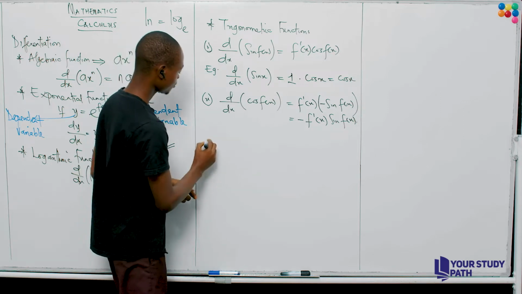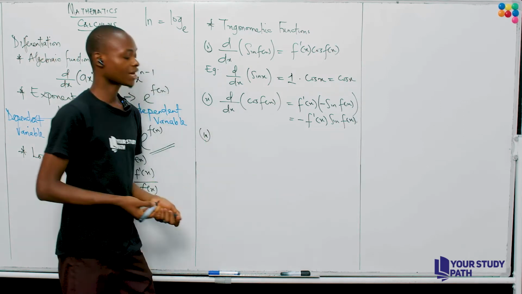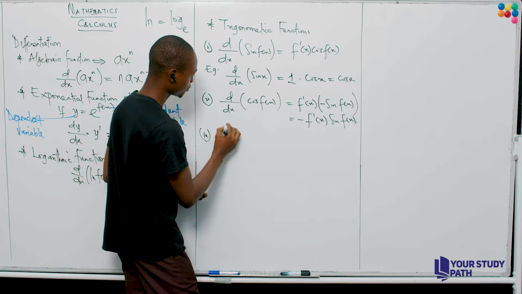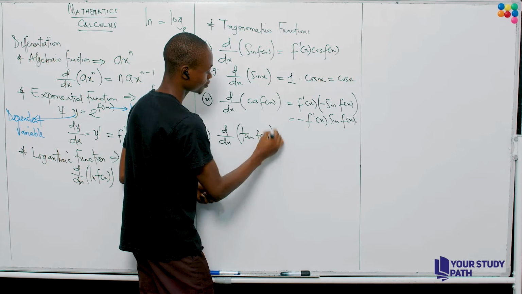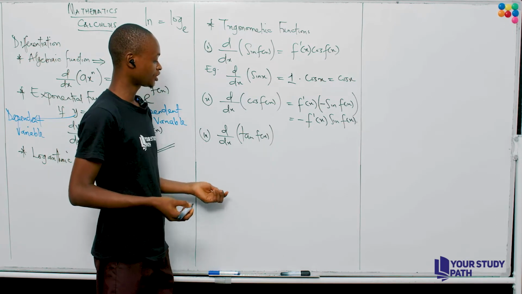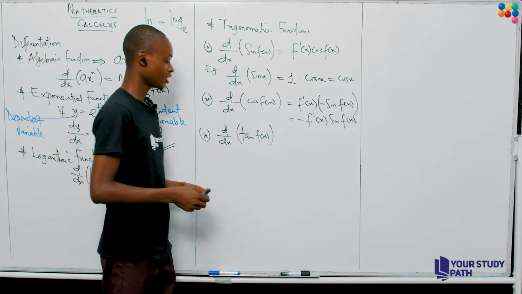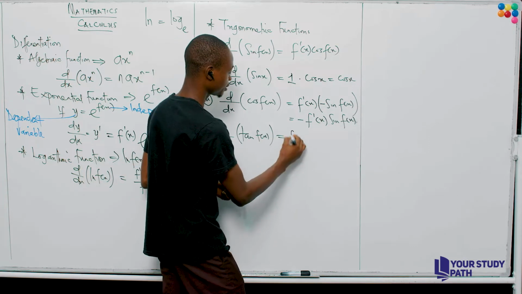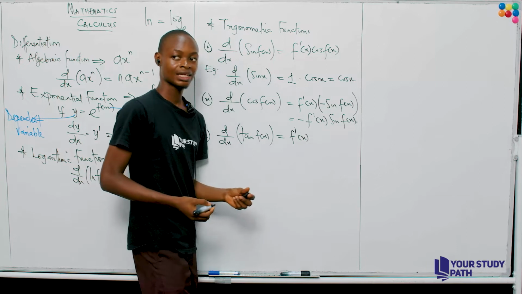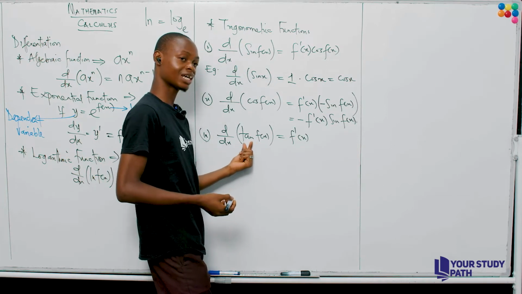Next, we can have the differential of the tangent of a function. When we differentiate the tangent of a function, what do we have? Again, we will first and foremost differentiate the inner function, that is f prime of x. Next, we will differentiate the tangent.